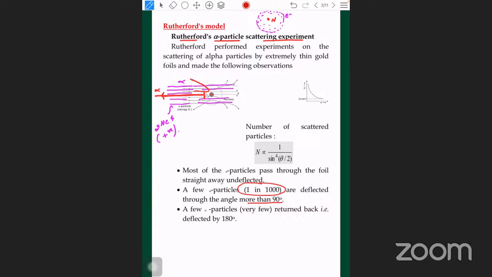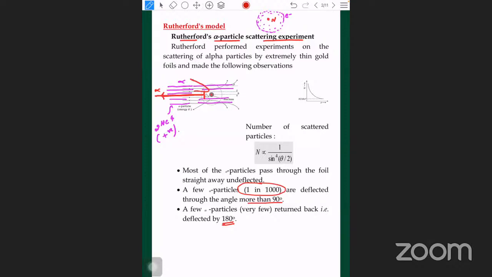But a very few particles will get scattered by 180 degrees, which is like almost one atom.